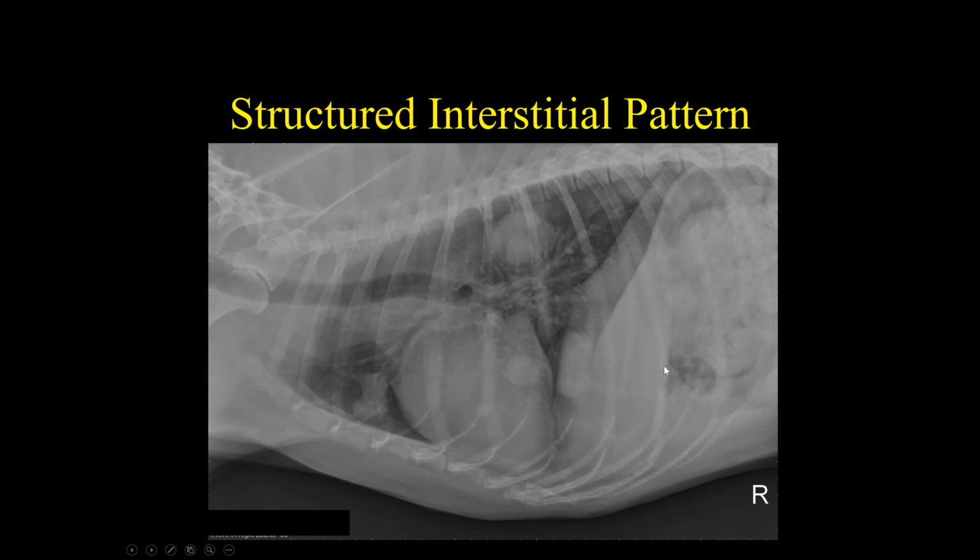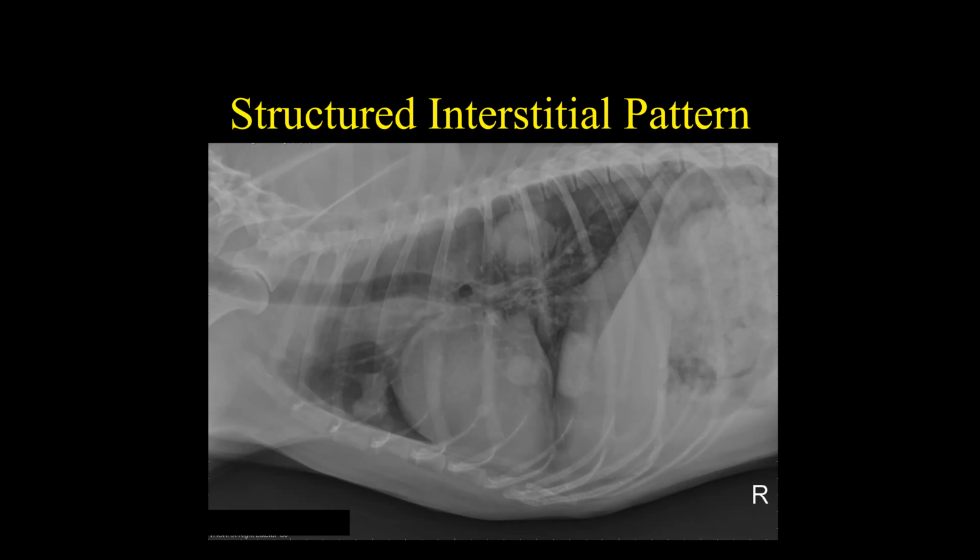And then you have to describe, do these nodules look like they're well defined? I think they're pretty well defined. Are they all the same size, or are they variously sized? Obviously they're variously sized. So now we have a structured interstitial pattern with multiple well-defined, variously sized soft tissue nodules throughout the lung. They're soft tissue opaque, not bony opaque.